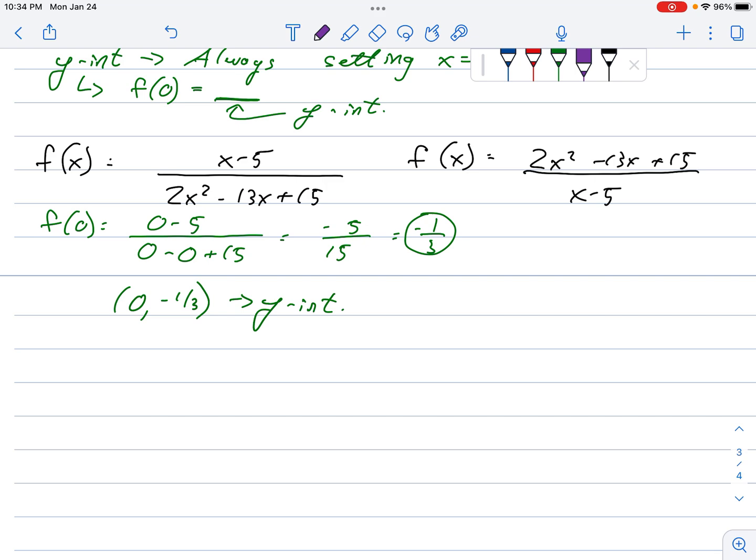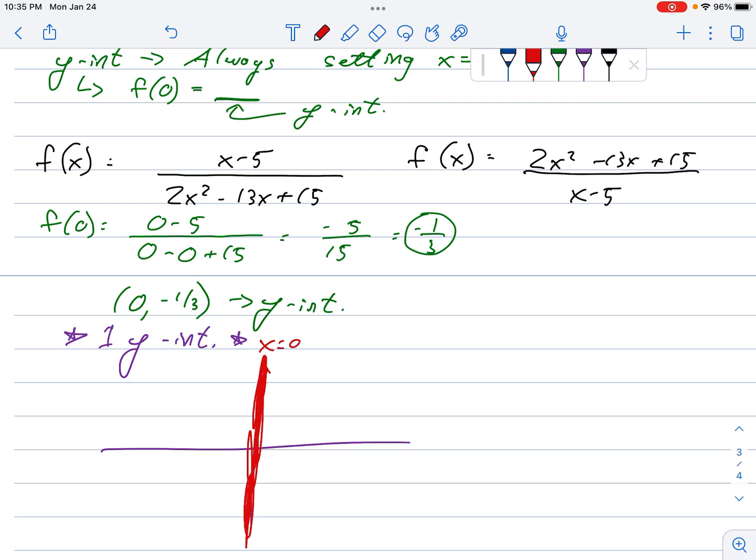There's only one Y-intercept because of that vertical line test we talked about. At x equals 0, plugging in 0, there can only be one Y value that comes out of that.